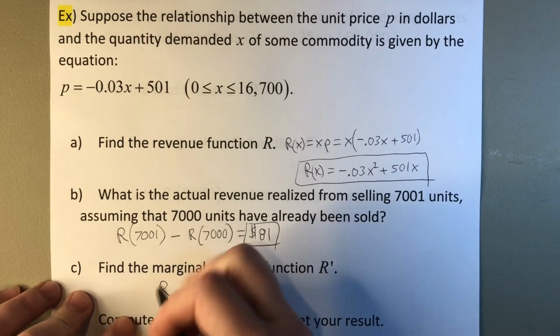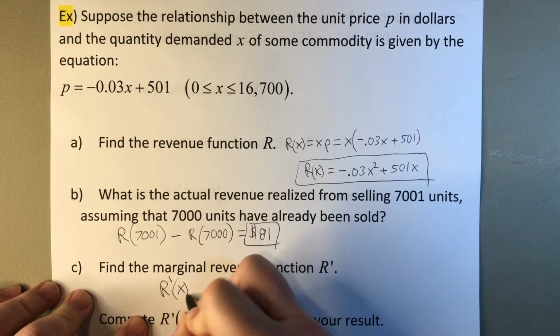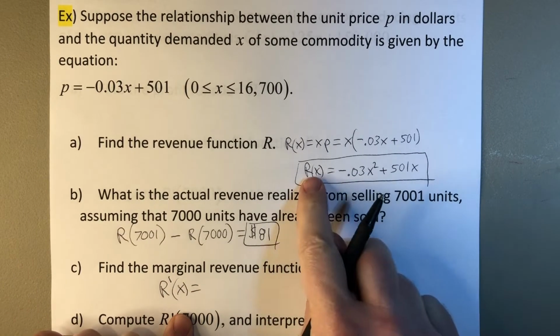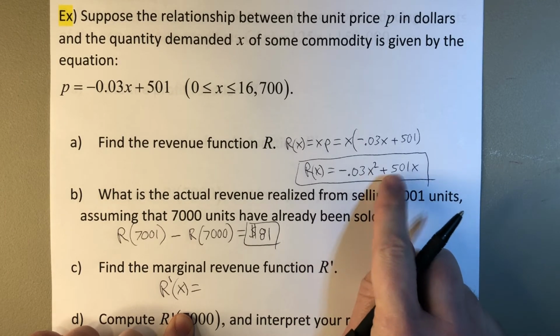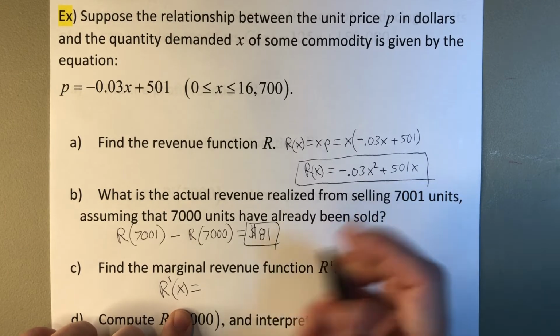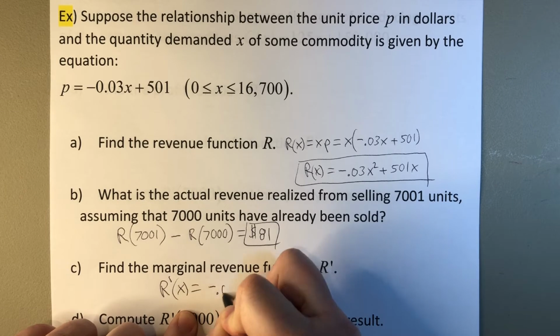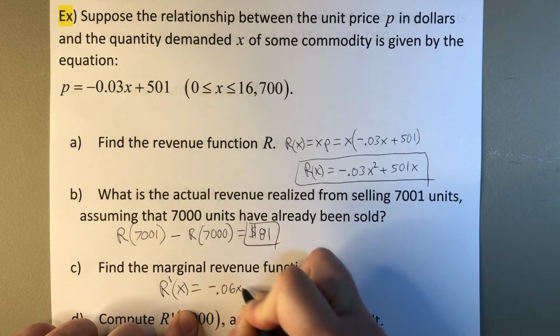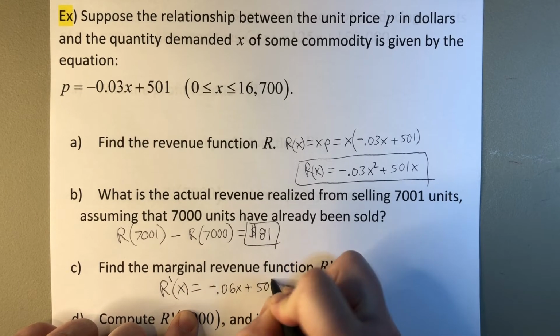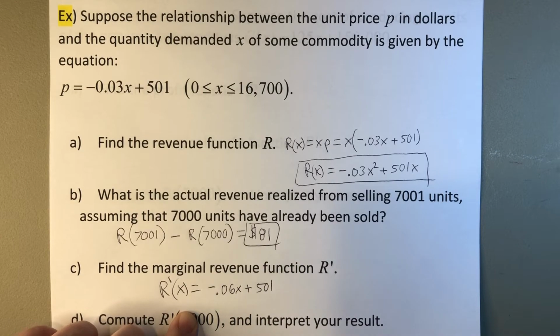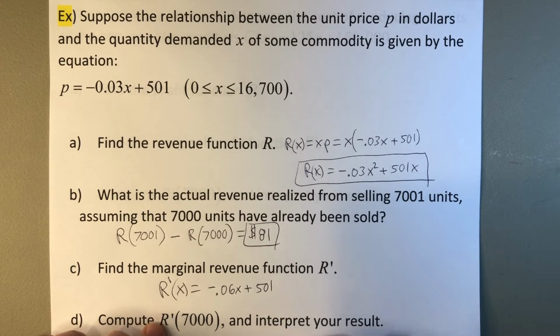Okay, all right. So what's R prime of X? Well, look at this function. The derivative of this function would be what? It'd be negative 0.06x plus 501. Okay? So this is the marginal revenue function.